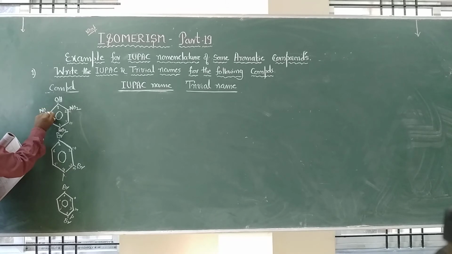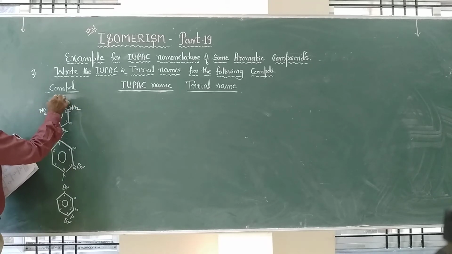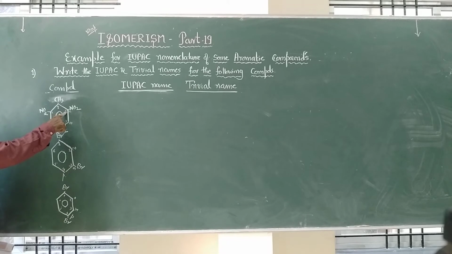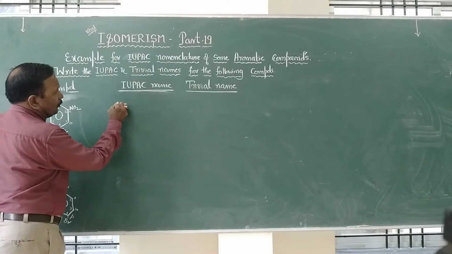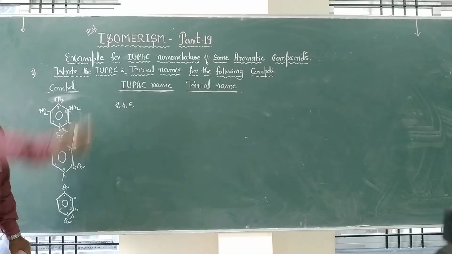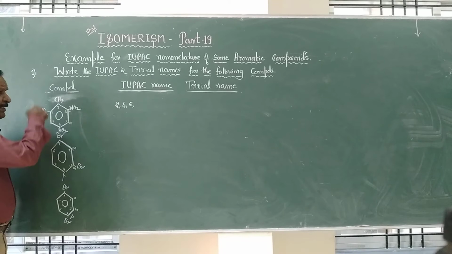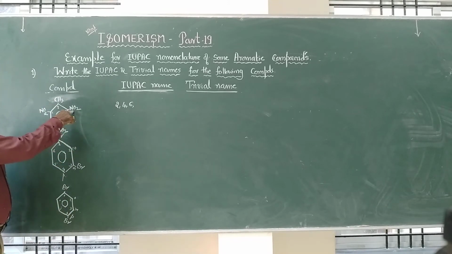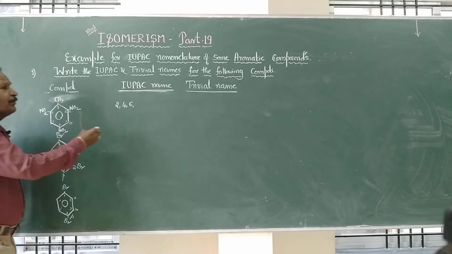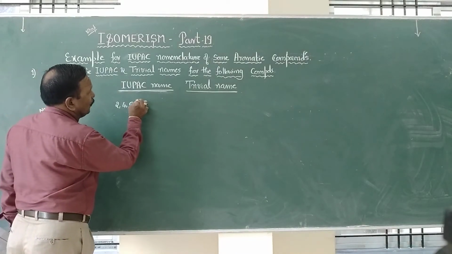And here if you write CH3, this is a standard compound. The IUPAC name will be, numbering will come in the IUPAC system, 2, 4, 6. How many nitro groups are there? Same nitro group, not necessary to write nitro repeatedly. Only once we have to write trinitro.